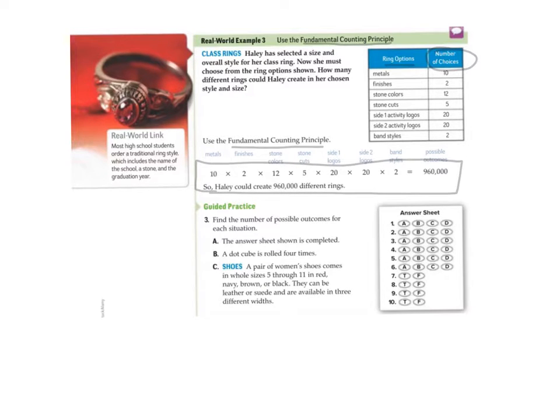So back to my favourite number crunching, okay? So if you multiply each choice by the previous choices, what are you going to get? So if you had all those different metals and finishes and stone colours and stone cuts and keep going all the way down, you would actually finish up with 960,000 different rings that you could make from the choices that you've got.